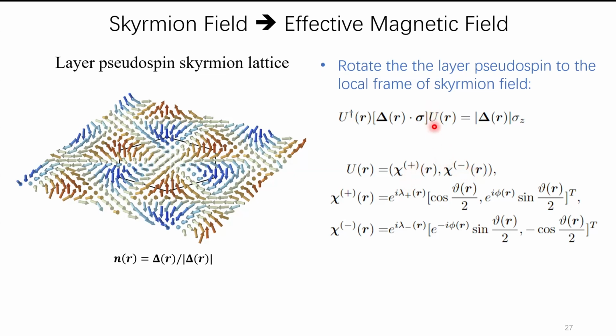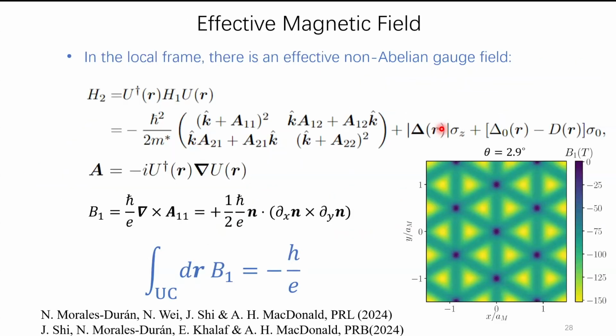By applying this unitary transformation to the Hamiltonian, we get an effective non-abelian gauge field denoted by this A field. You can think of this A field as a real space Berry connection, in terms of the spinor in real space.